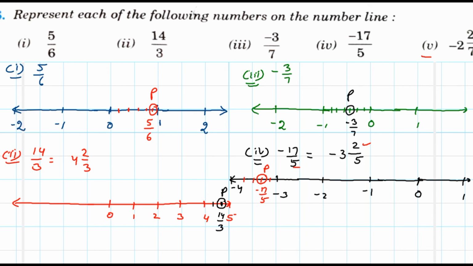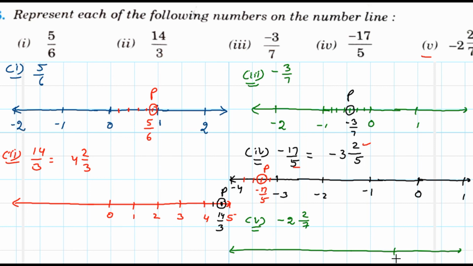So part 5th, I will take this color. Part 5th is minus 2 upon 7. So again I will draw the number line. As I have to deal with minus, so I can start from here.